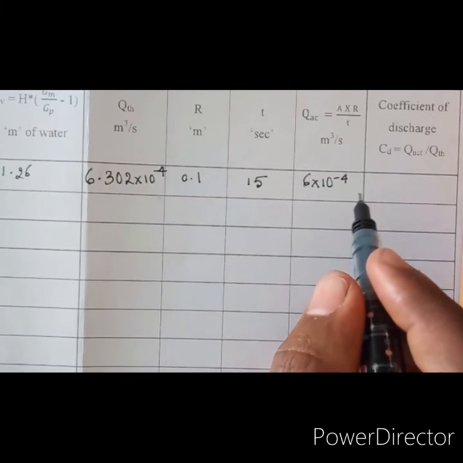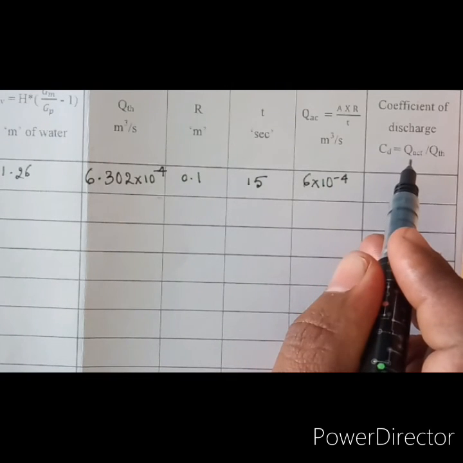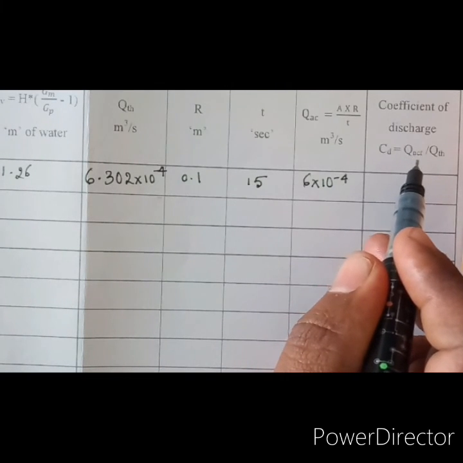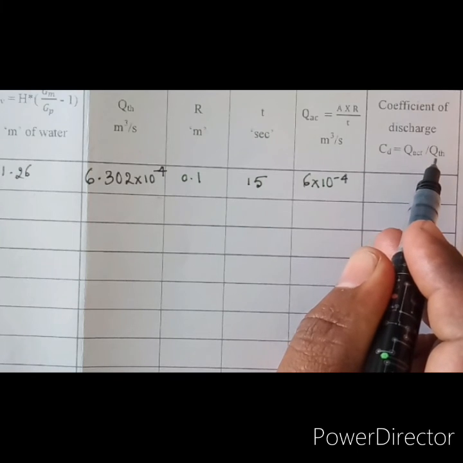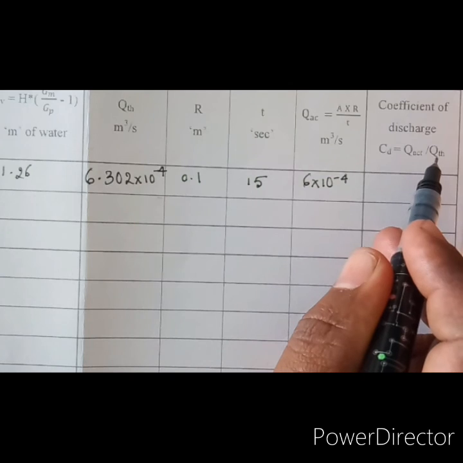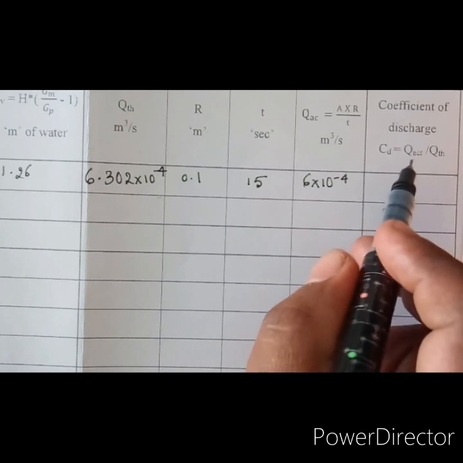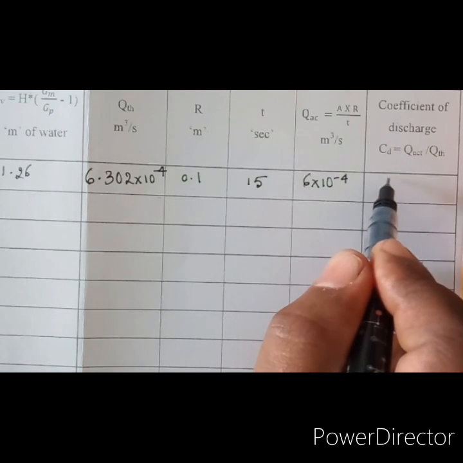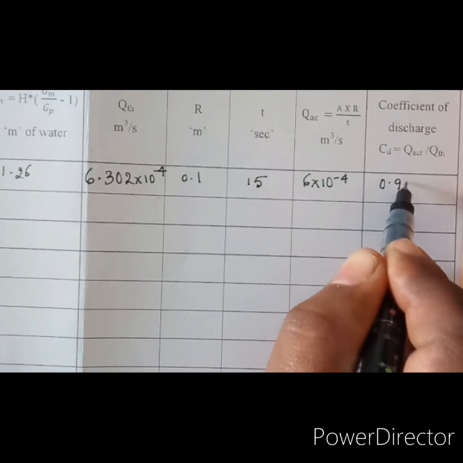Therefore, the coefficient of discharge is calculated by the formula CD is equal to Q actual by Q theoretical, where Q actual is the actual discharge and Q theoretical is the theoretical discharge, which gives CD as 0.95.